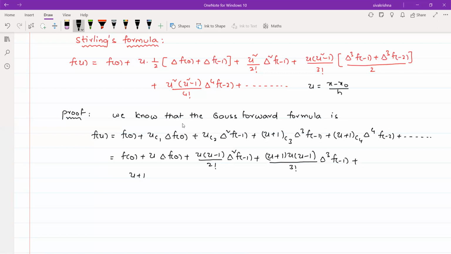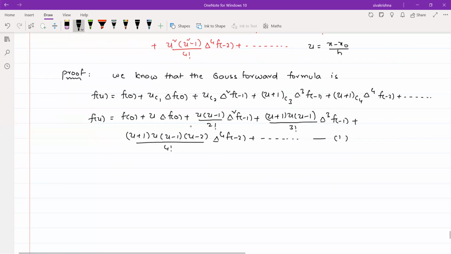So that is u plus 1 into u into u minus 1 into u minus 2 by 4 factorial into delta power 4 f of minus 2 plus and so on. So this is Gauss forward interpolation formula. So treat this as equation 1. This is the value of f of u.